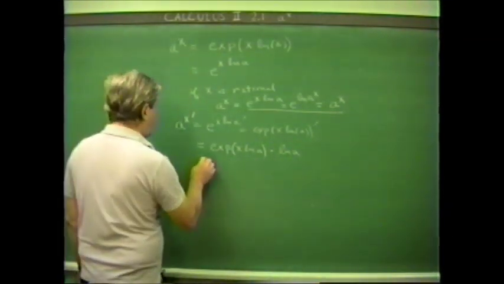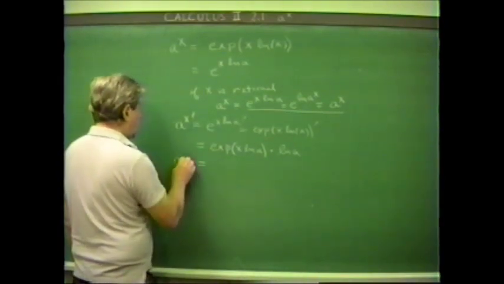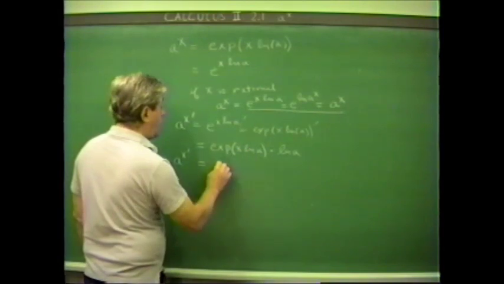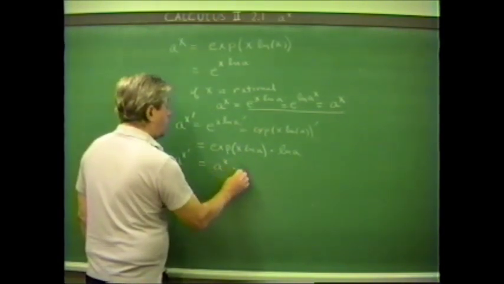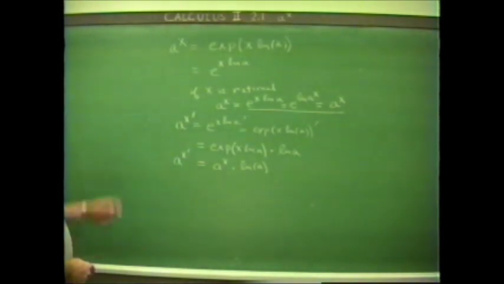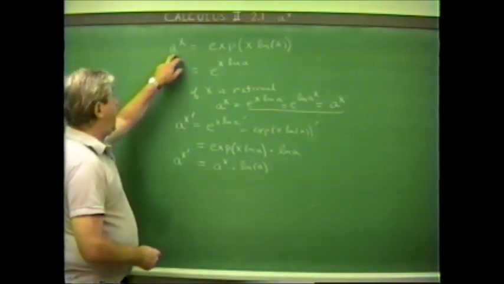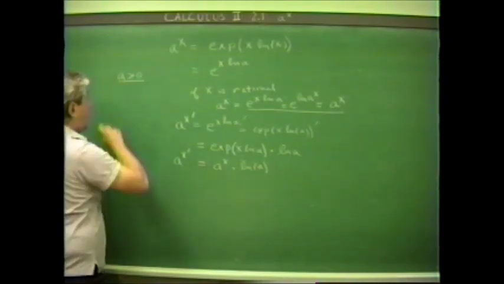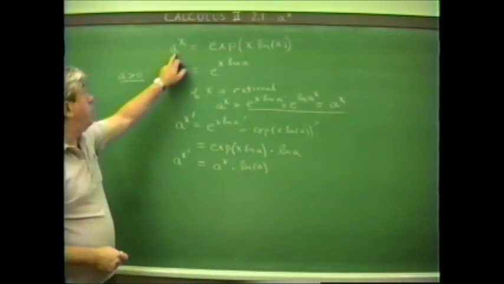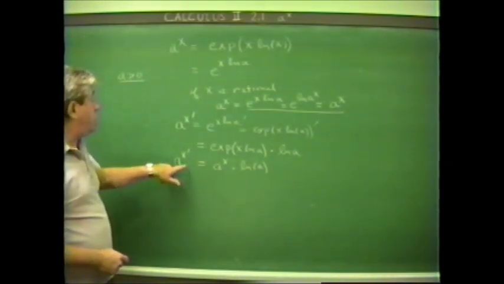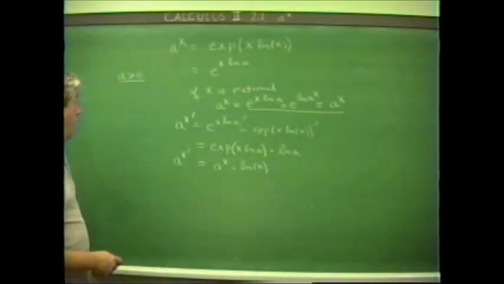So the derivative of a to the x is equal to, this is a to the x again, times the natural logarithm of a. Okay, so now for any a greater than 0, we've got the function a to the x defined, and its derivative is a to the x log a.